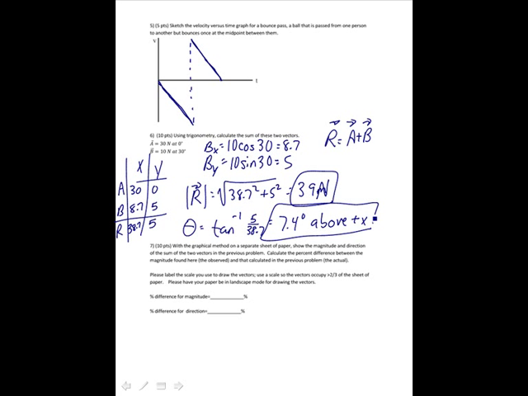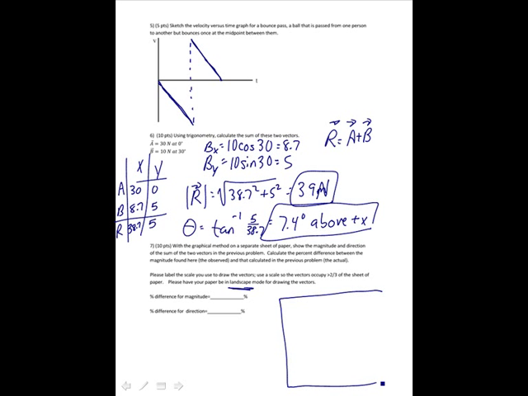Now in this one, you're supposed to use the graphical method in order to draw these vectors and determine the sum graphically. Let's see, big part of this was finding the scale, if you want to get the vectors on a sheet of paper in the landscape mode as I dictated.